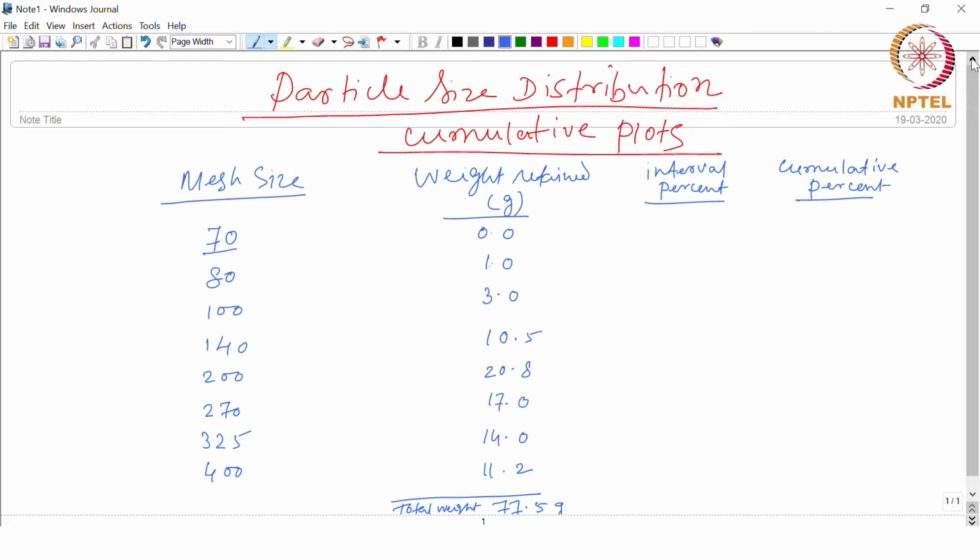So, if you calculate the interval percentages, that means the fraction of a given size, this is 0. So, this will also be 0, this one is around 1.3%.